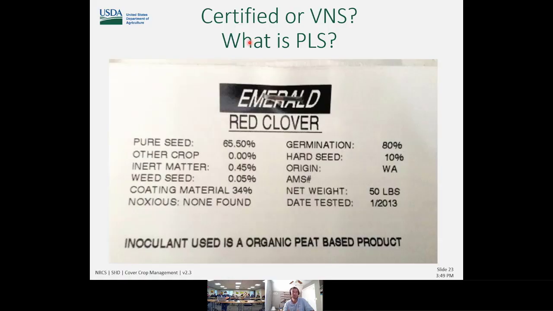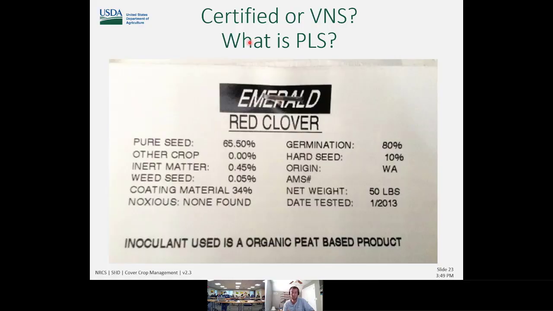And lastly, we have to think about what PLS is. Well, PLS is pure live seed. And again, we want to go back to our 340 standard for our state and check what recommendation or policy has been set for that state and what the seeding recommendations are.